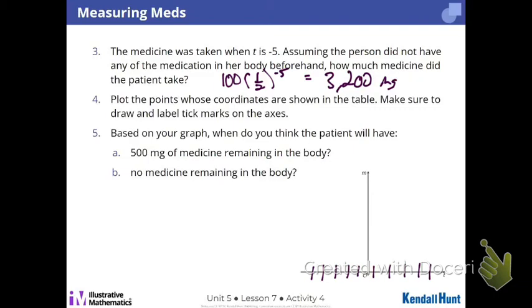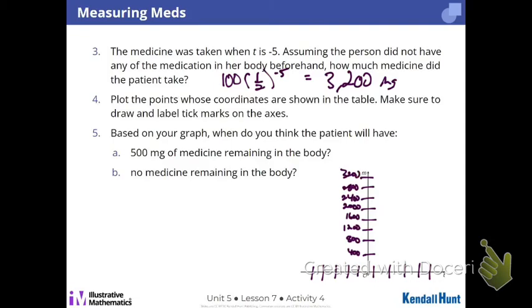You did 400s, 8 of them? 800s, 4 of them? I kind of like 400s. I did it different. So 400, 800, 1,200, 1,600, 2,000, 2,400, 2,800, 3,200. That's the highest it was, right?